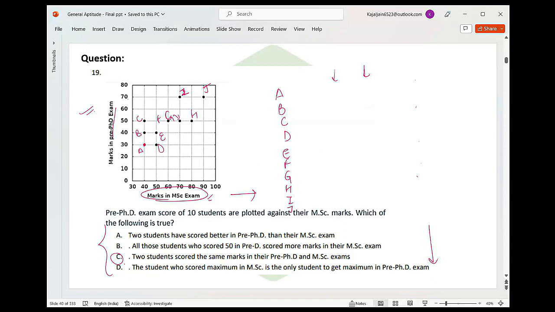These are the students that we have. Student A has got 30 in the pre PhD and 40 in the MSc. Student B has got 40 and 40. Student C has got 50 and 40. Student D has got 30 and 50. Student E has got 40 and 50.